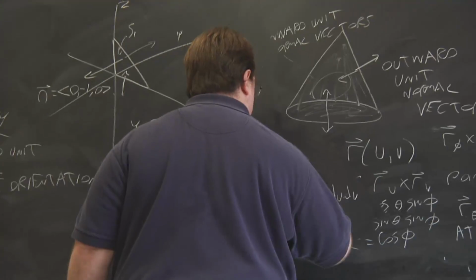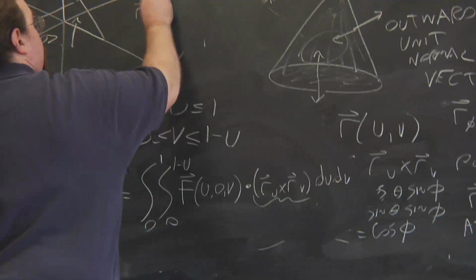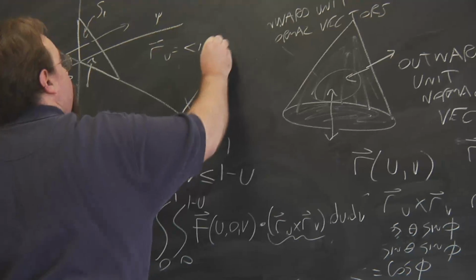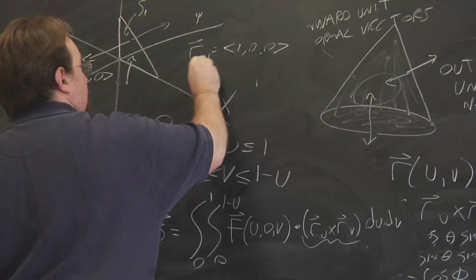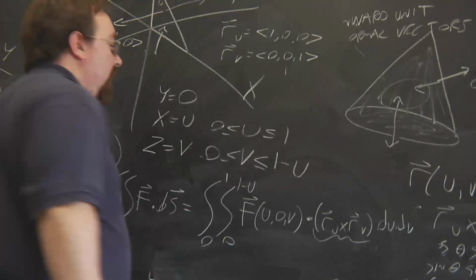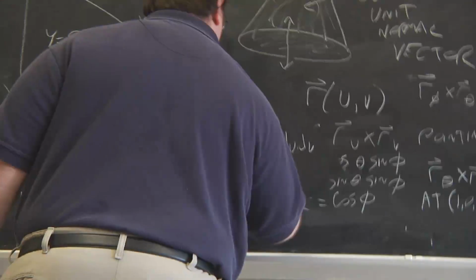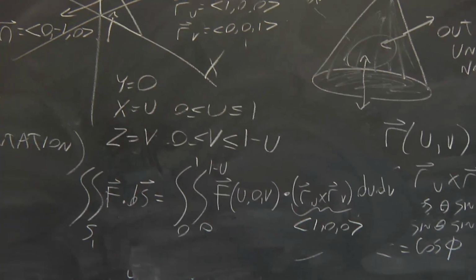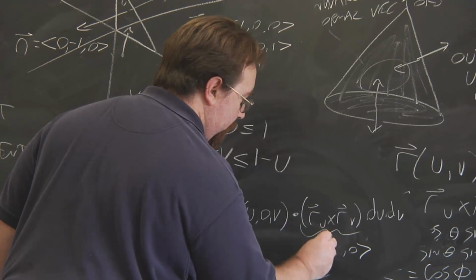When you work it out from your parameterization, r_u is (1, 0, 0) and r_v is (0, 0, 1). And r_u cross r_v is going to give you (0, -1, 0).